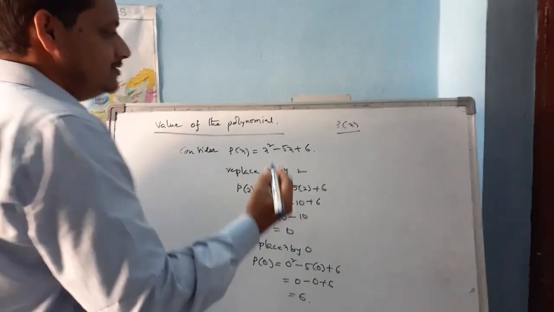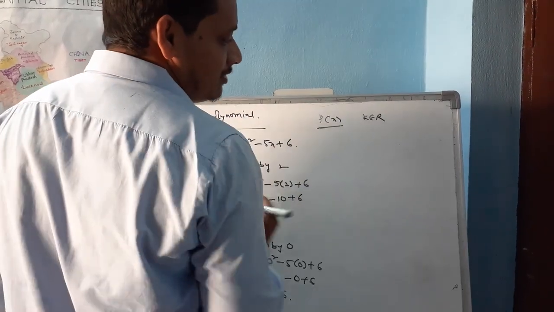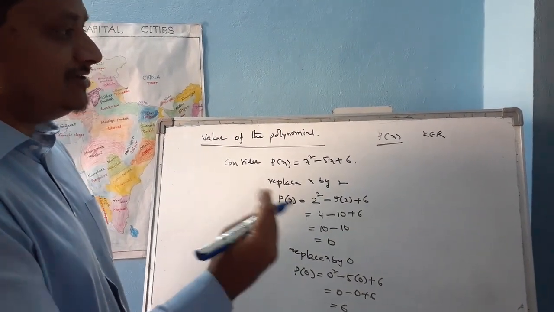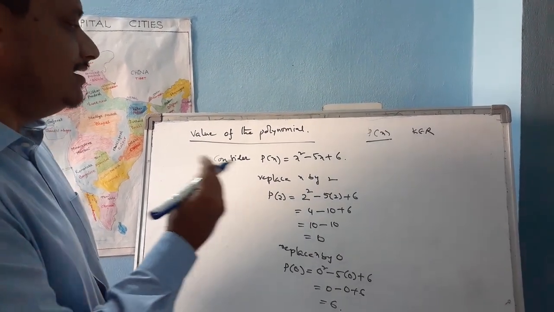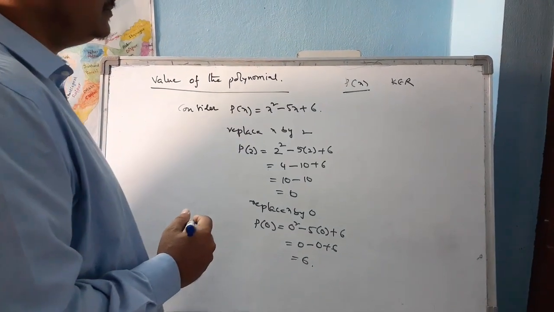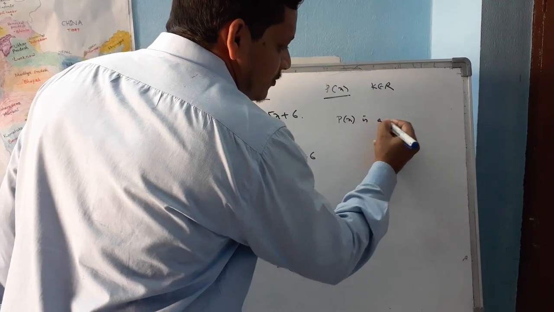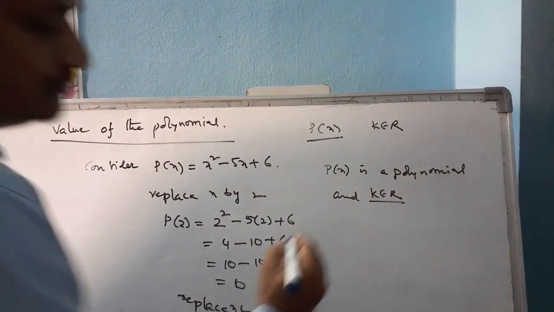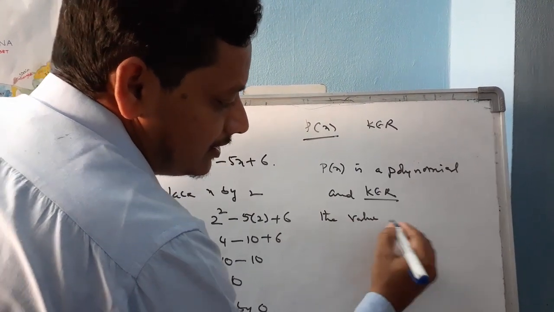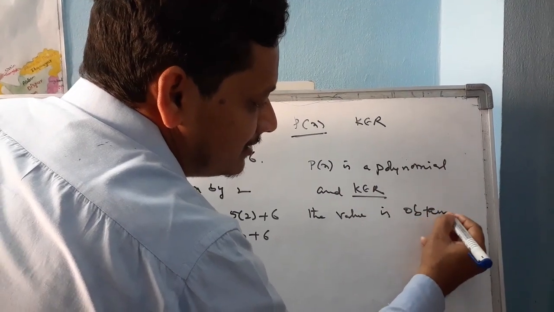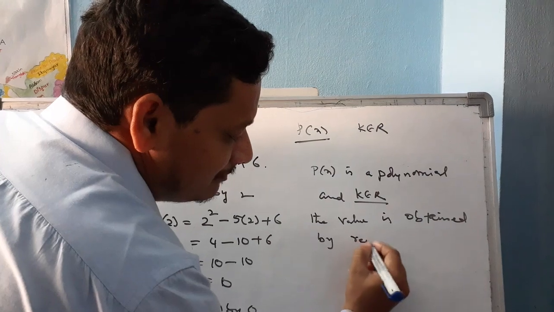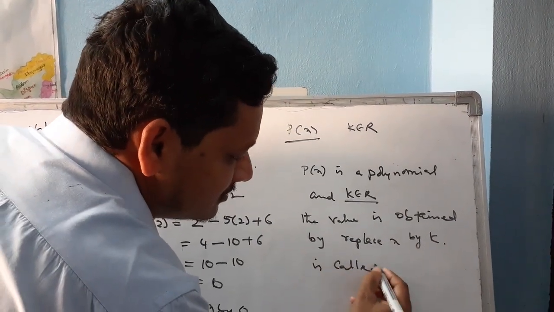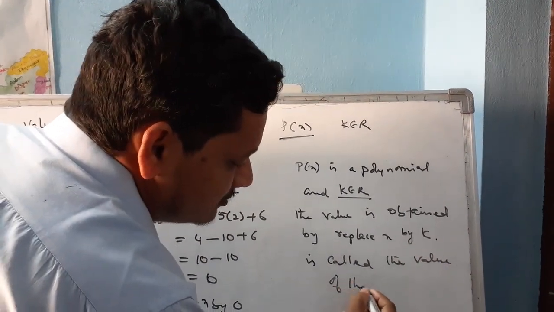Value of the polynomial: p of x is any polynomial, and k belongs to capital R. Then the value obtained by replacing x with k is known as the value of the polynomial.